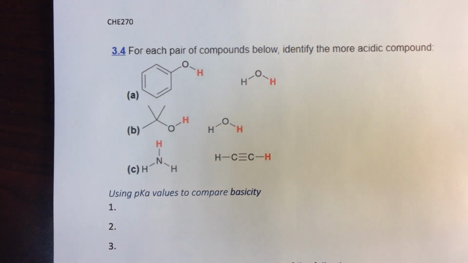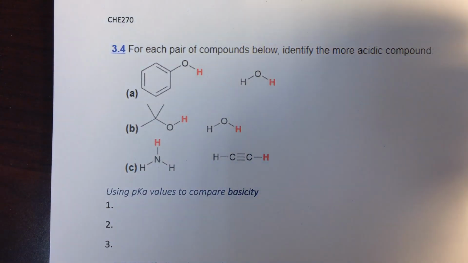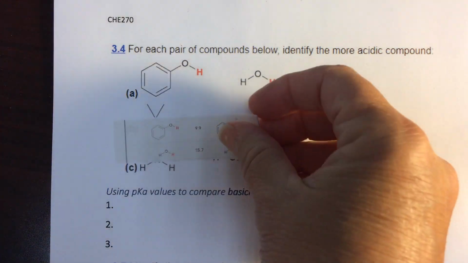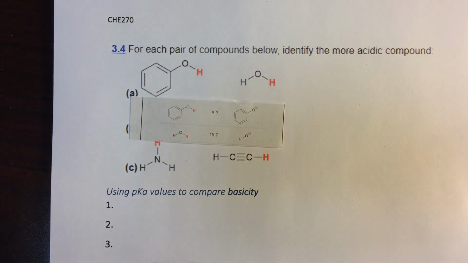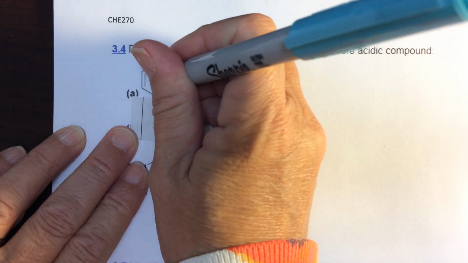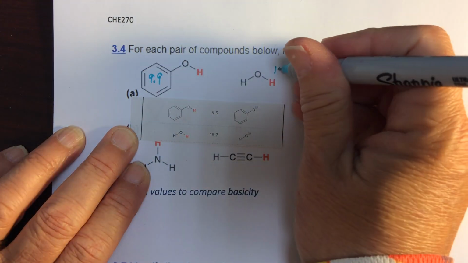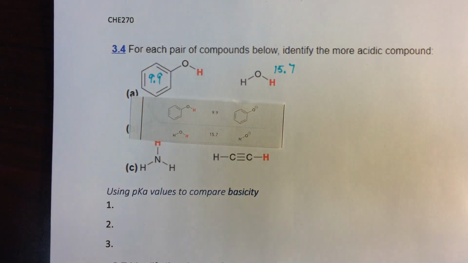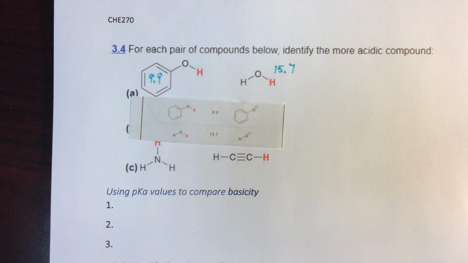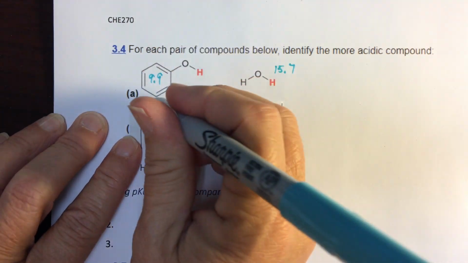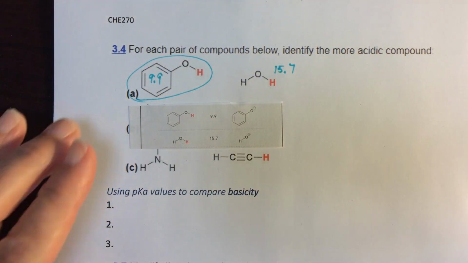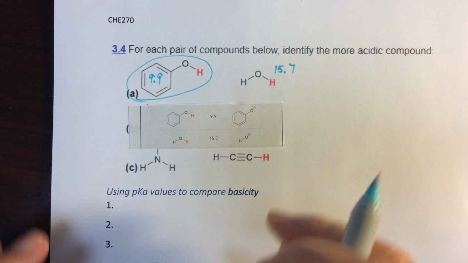So here we're asked which is the more acidic compound, and we look on our chart and we see that the pKa here is 9.9 and the pKa for water is 15.7. Remembering that the smaller number means that it's more acidic, we have that as our more acidic compound.